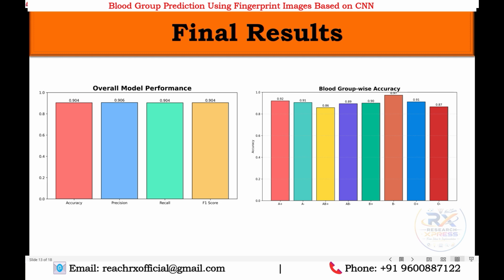Likewise, blood group wise accuracy: A positive is 0.92, A negative is 0.91, AB positive is 0.86, AB negative is 0.89, B positive is 0.9, B negative is 0.97, O positive is 0.91, O negative is 0.87. This is the final accuracy of the blood group.